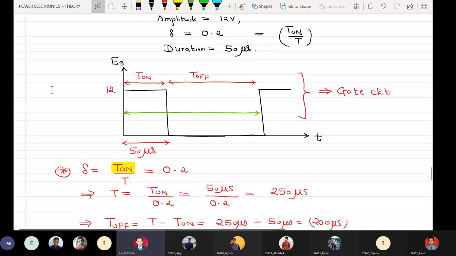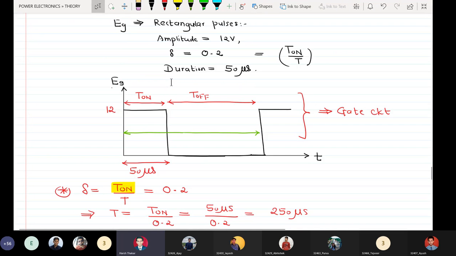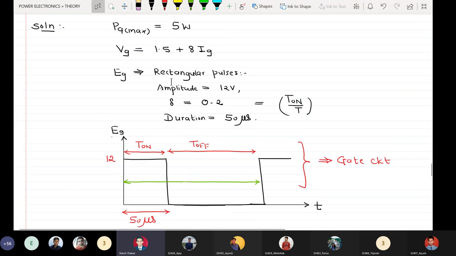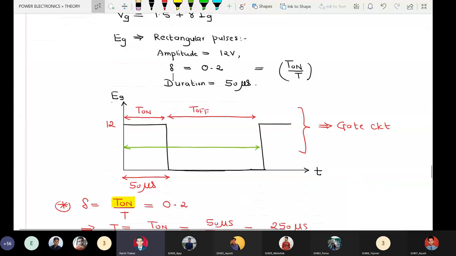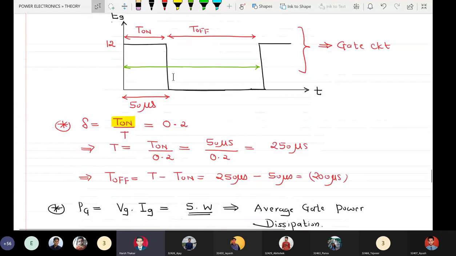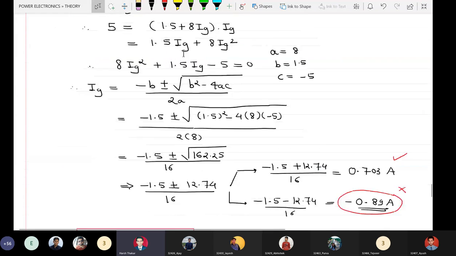So this particular trigger voltage Eg is having a rectangular nature, and if we speak about peak dissipation, then we have to consider the value equal to 12.